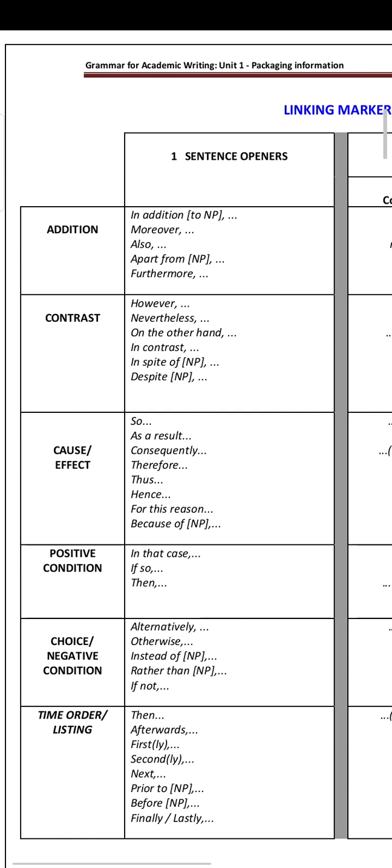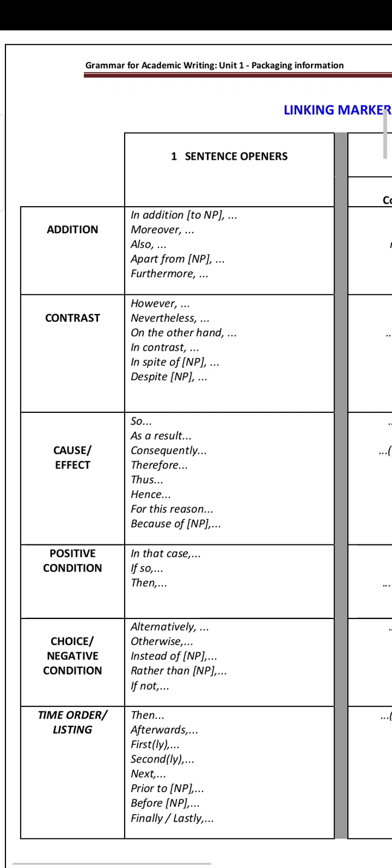And to show contrast, which means something different, on the contrary, on the opposite, we can use "however". So do not use only "but". We can also use "however", "nevertheless", "on the other hand", "in contrast", then the two after that: "in spite of" followed by a noun phrase, and "despite" followed by a noun phrase.